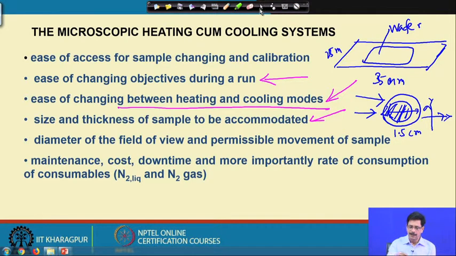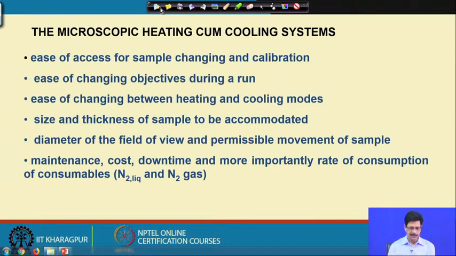And then the situation is that these devices work on liquid nitrogen, or so far we have only been able to use liquid nitrogen. We have not been able to use any other gas which would give us a lower temperature than that. That is how we are limited to a temperature range of minus 196 degrees Celsius.